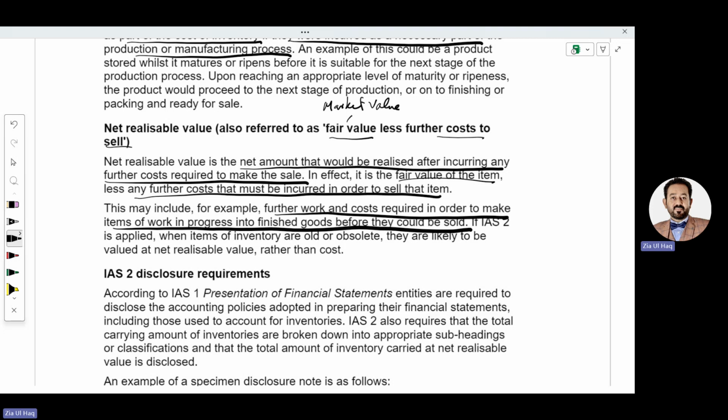If there is any further work required to sell the inventory in the market, that will be cost to sell. And IAS 2 is applied when items of inventory are old or obsolete, out of fashion, damaged. They are likely to be valued at NRV rather than cost because their NRV is normally lower than cost.